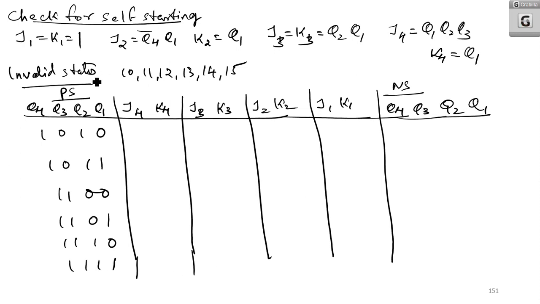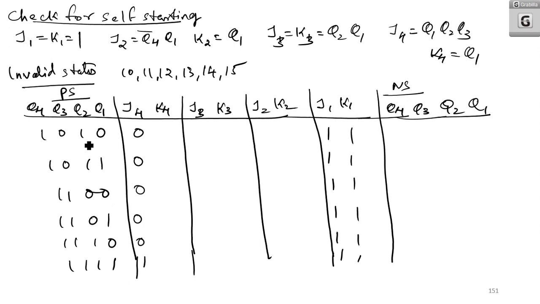Now what are J1 and K1? Everything is equal to 1, and K1 is also equal to 1. Now J4 is Q1, Q2, Q3, so it is 0, 0, 0, 0, 0, 1.